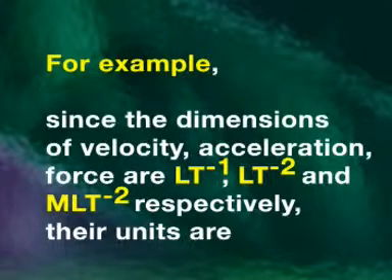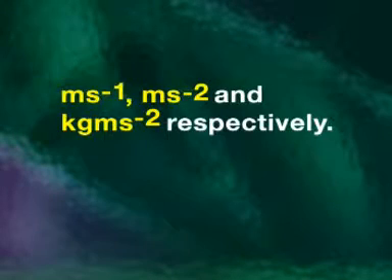For example, since the dimensions of velocity, acceleration, and force are LT^-1, LT^-2, and MLT^-2, respectively, their units are meters per second, meters per second squared, and kilogram meters per second squared, respectively.